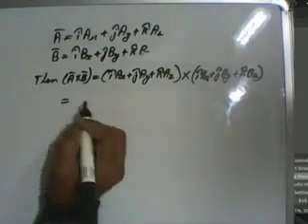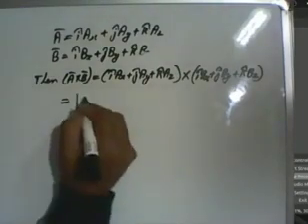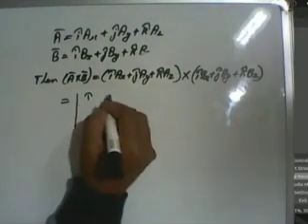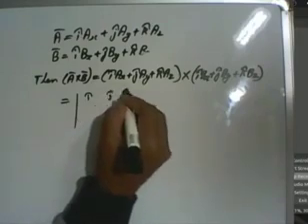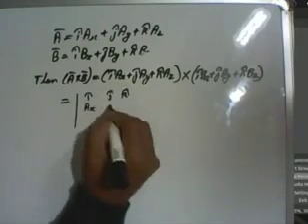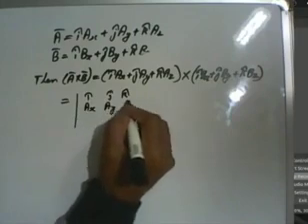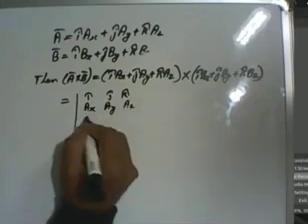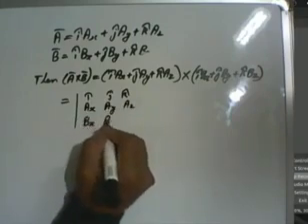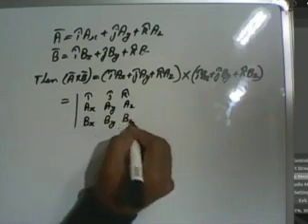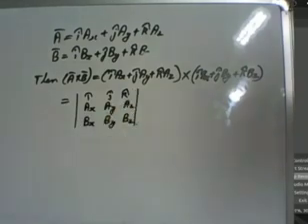If we bring together all the terms, we can write it as I, J, K, Ax, Ay, Az, Bx, By, Bz. So this is important.